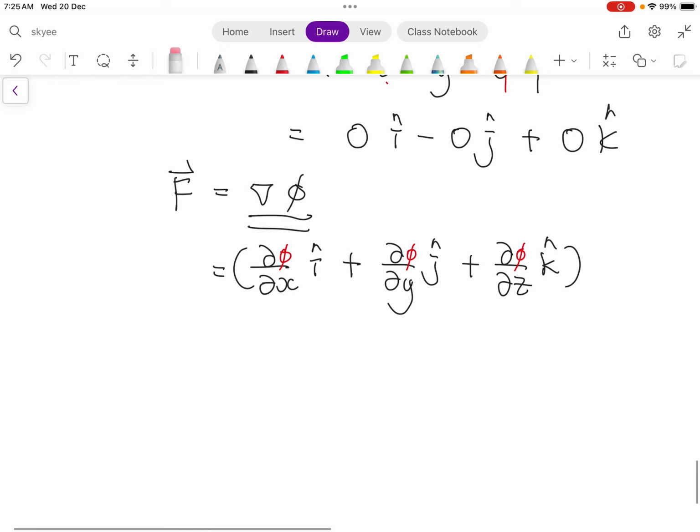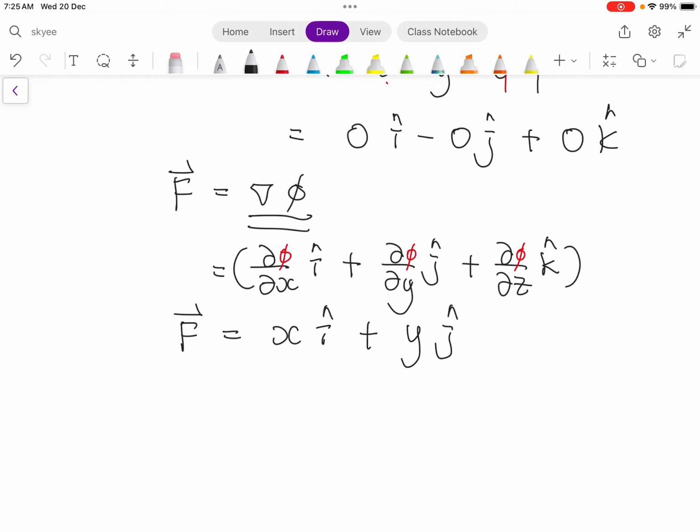So you have to differentiate phi with respect to x. f has been given by the question. The question tells us that f is equal to xi plus yj.